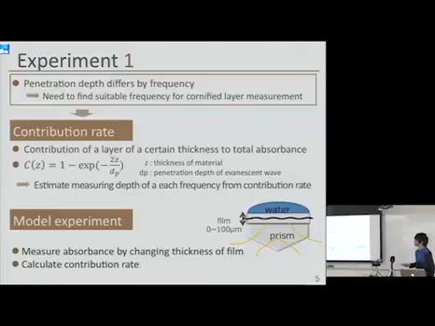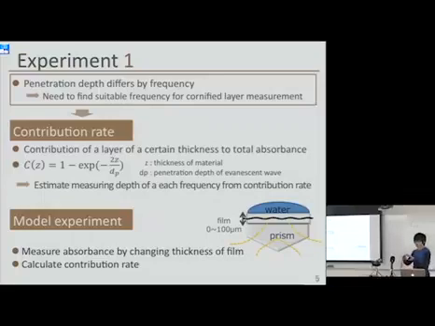Contribution rate is the contribution of a layer on the surface of the prism of a certain thickness to the total absorbance. The contribution rate is calculated by this equation, and by calculating it, we can estimate the measuring depth of each frequency.